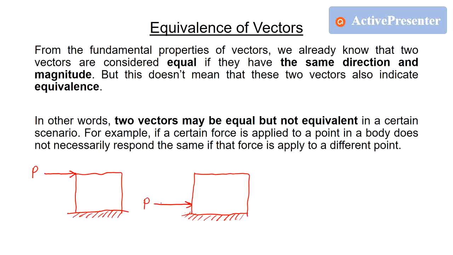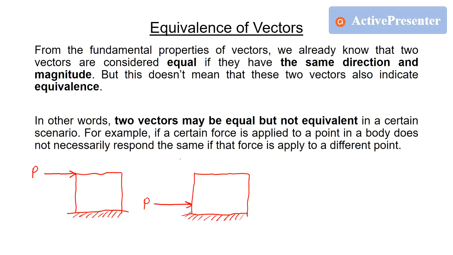So these two forces are considered equal because they have the same magnitude P and the same direction going to the right. But as you can see in the figure, the first box may have a different response to the applied force P compared to the second box, where the force P is applied in the lower part of the box.